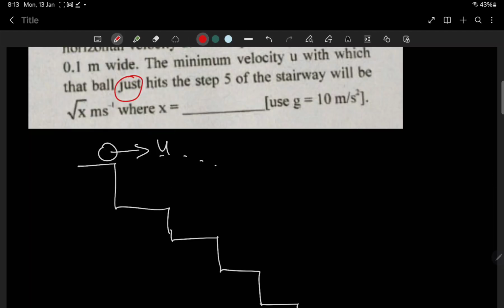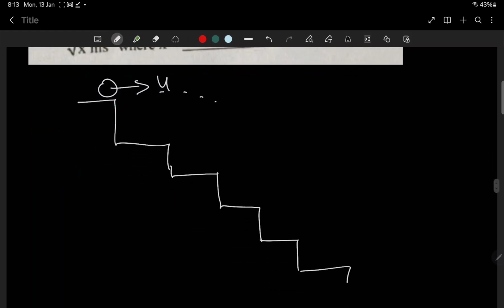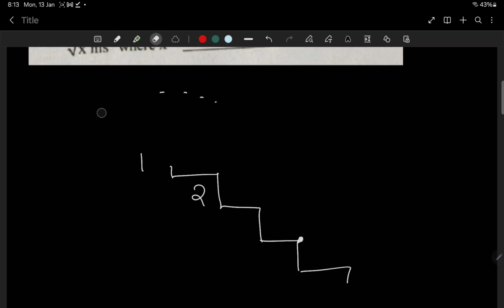So you understand one thing. Just hit means you take it that it is hitting at the end or extreme portion of the 4th step. That is, let us calculate. This is 1, 2. I will take this ball.